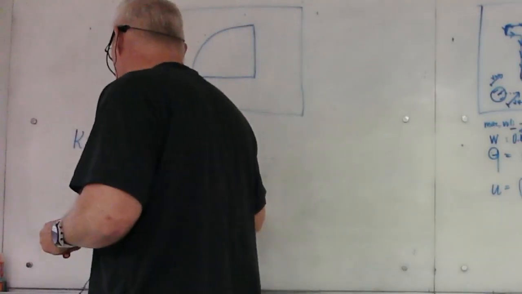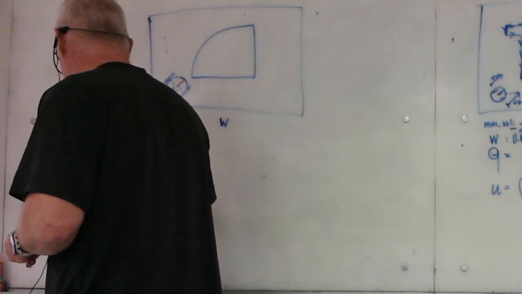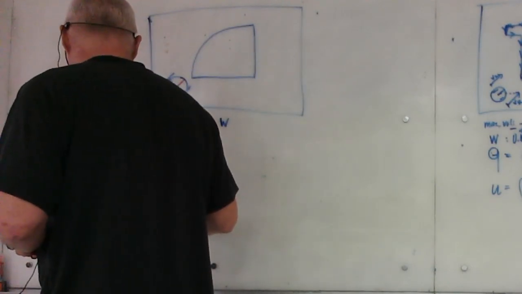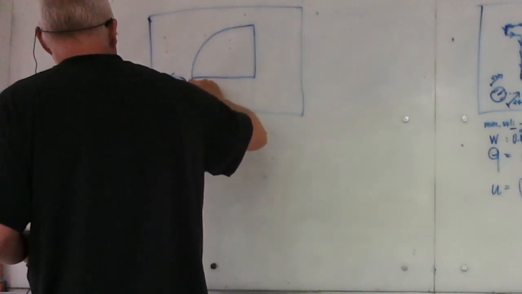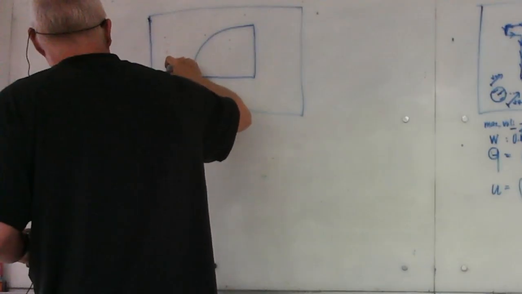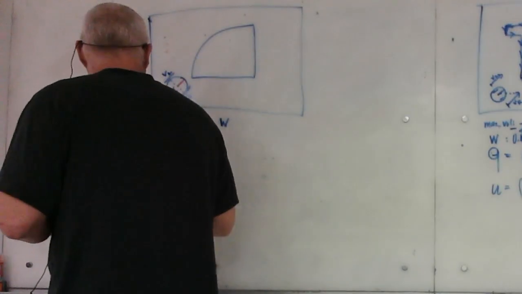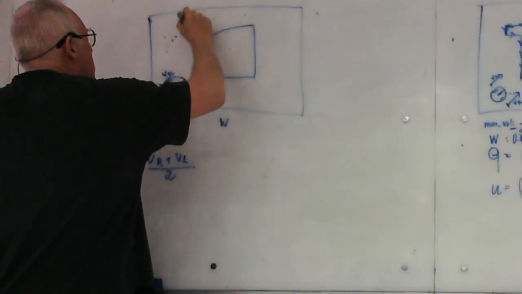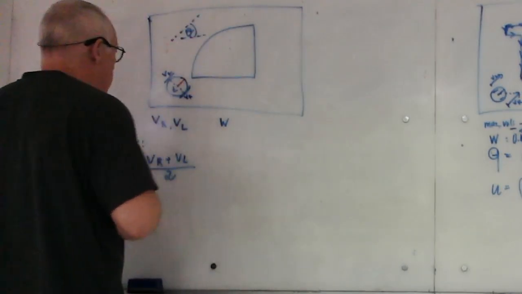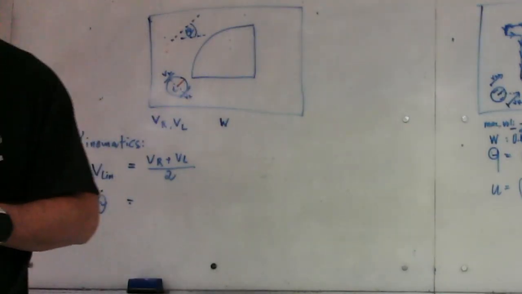And the angular velocity, theta dot, would be, and now I have to be careful, this is VR, this is VL, and theta is the angle with respect to the x-axis.